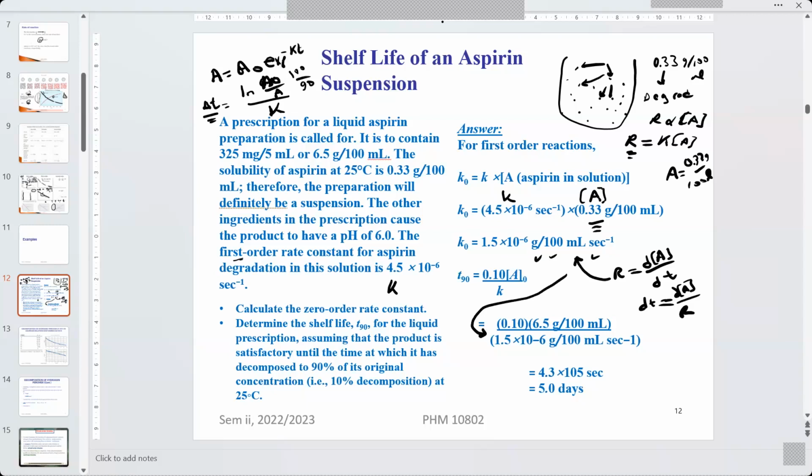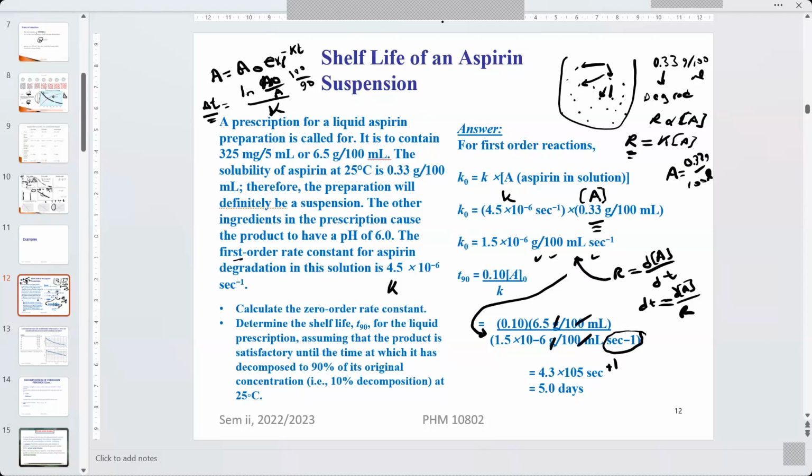Then you get the time in seconds. Take care of the units: gram with gram, 100 ml with 100 ml. Second to the negative power in the denominator means you get seconds with positive power, right? So it is this amount of seconds.